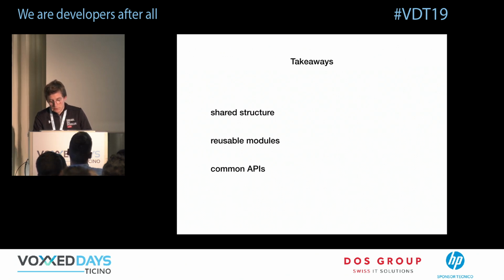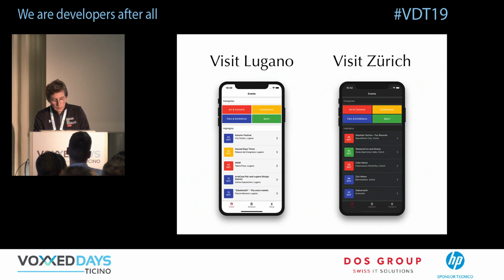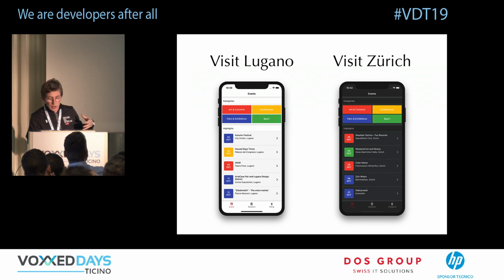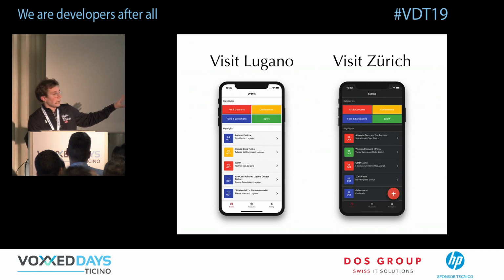But bear in mind that there are still some problems tied to the white label app. Let's say we have the events section of our application, and our client asks us to add, just for Zurich, a FAB in the section for uploading events or something.